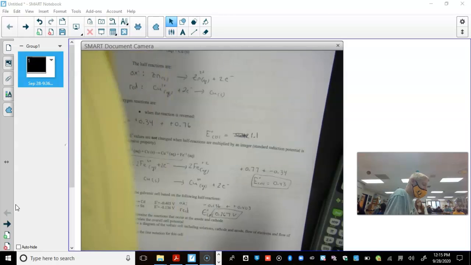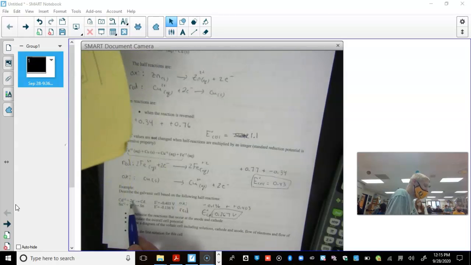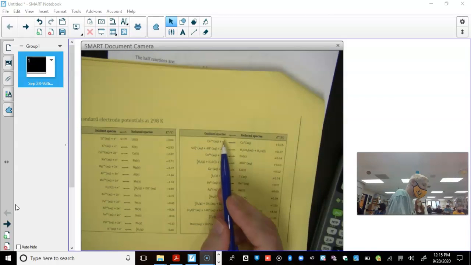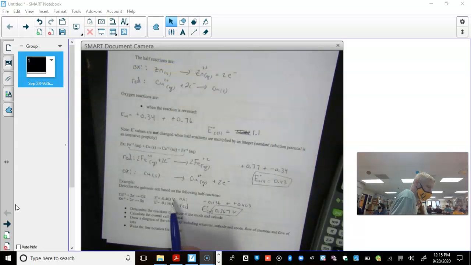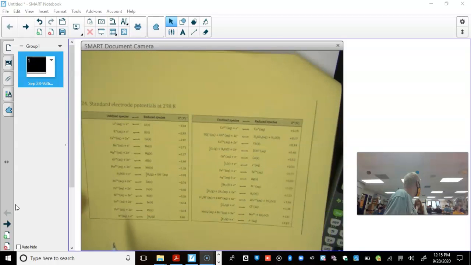If it's oxidation, you're adding electrons on the reactant side. Oh, oxidation, so these are all reductions on here.